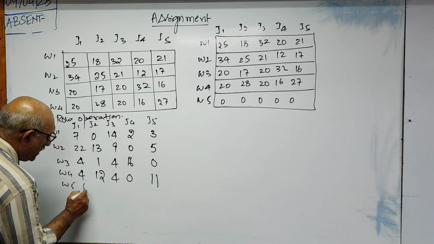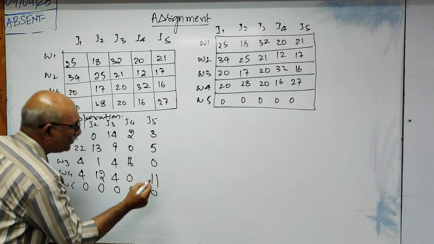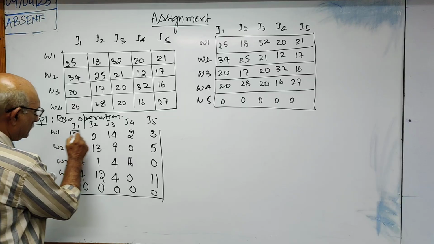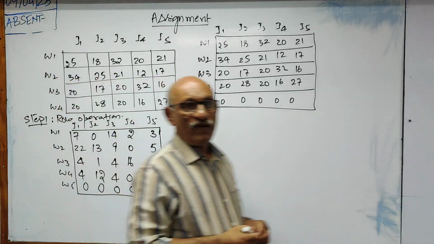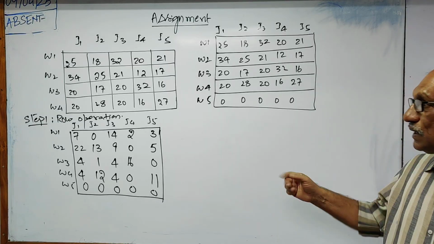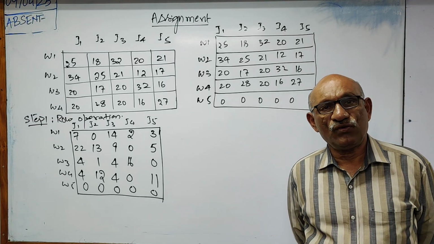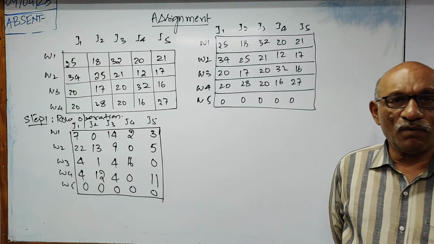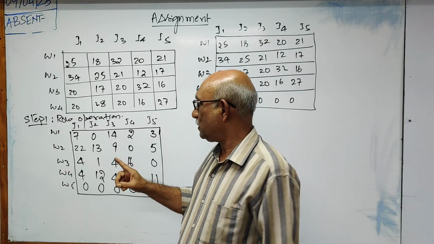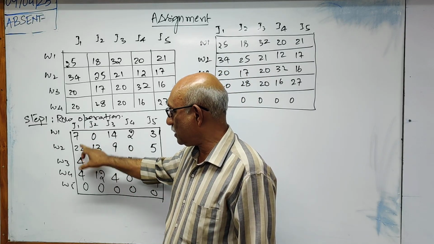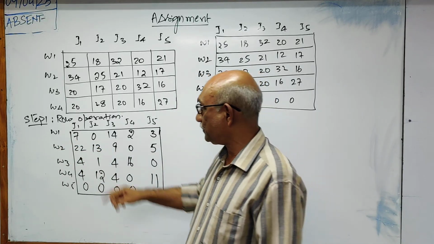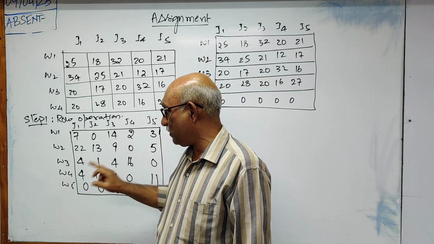Now fifth row is a dummy. This is as it is. We have to calculate opportunity cost column wise also. Columns will represent job. Consider the matrix obtained in step number 1. Job number 1, when assigned to worker number 1, 7 rupees is the assignment cost. 22 rupees, 4, 4, 0.